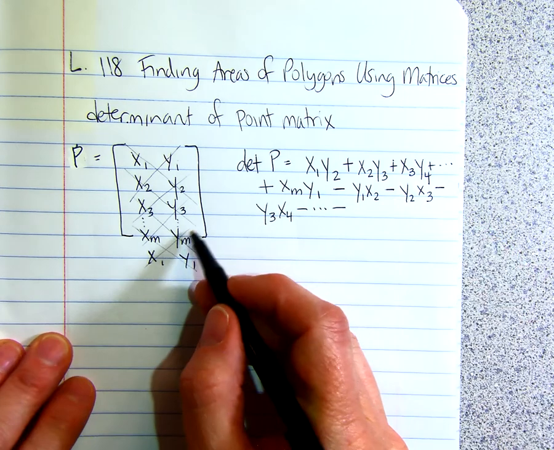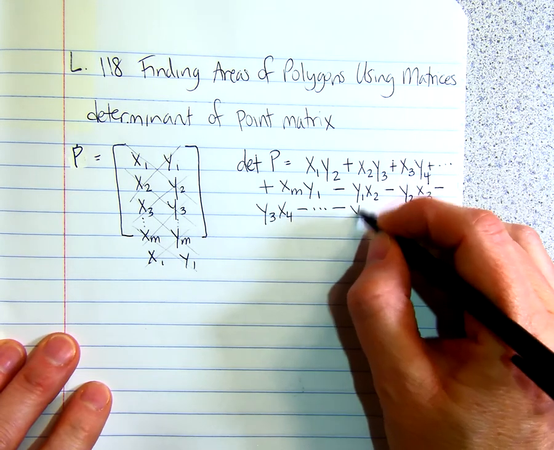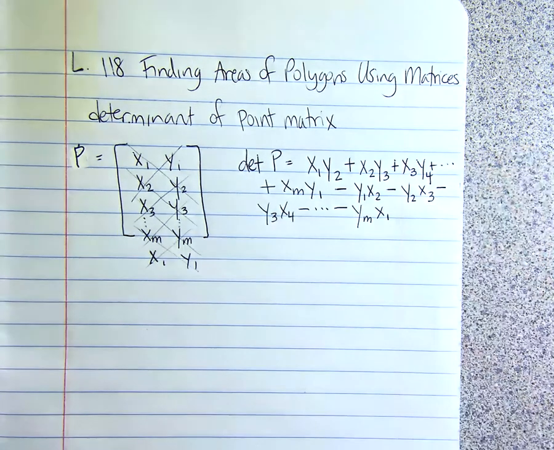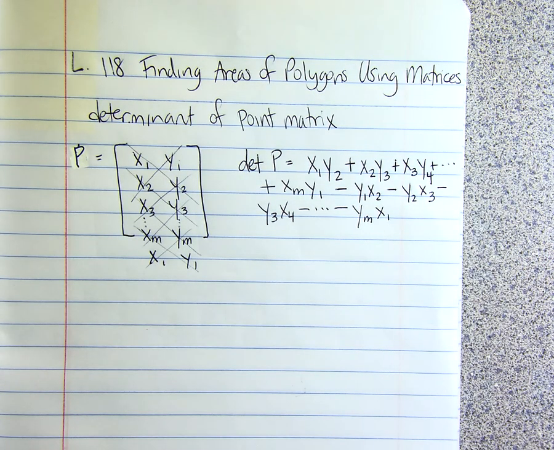The last one you subtract would be y sub m times x sub 1. That's the determinant of your point matrix.